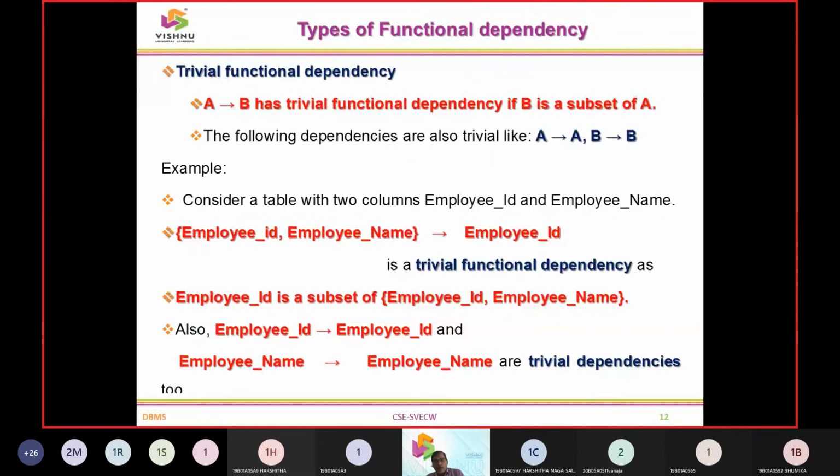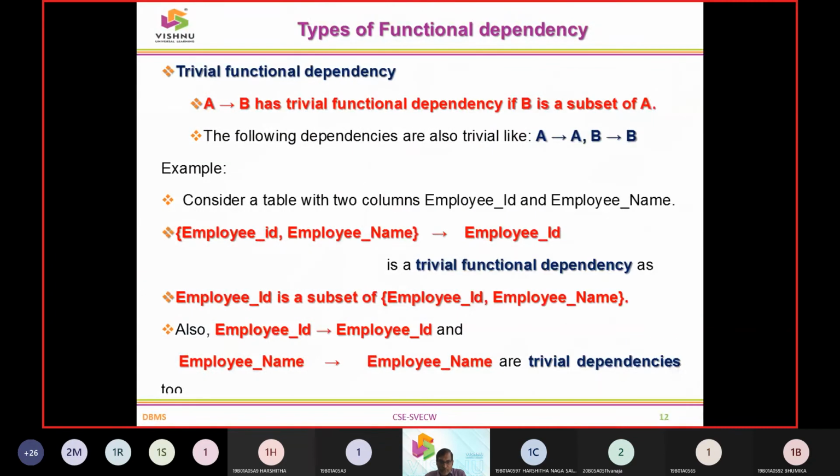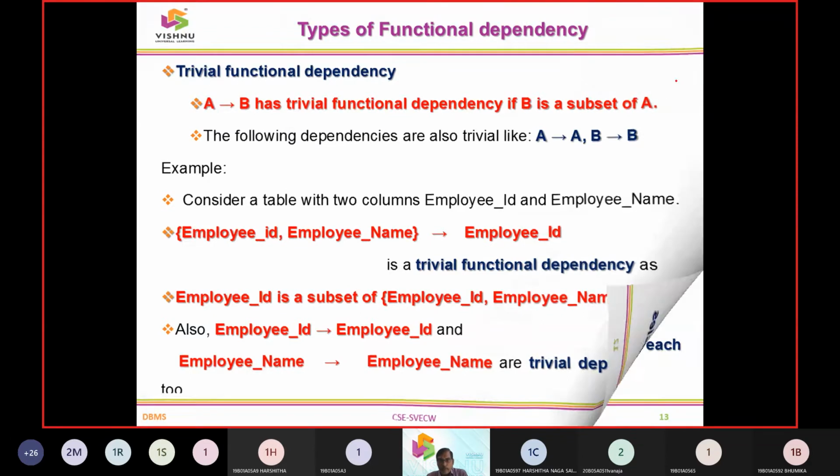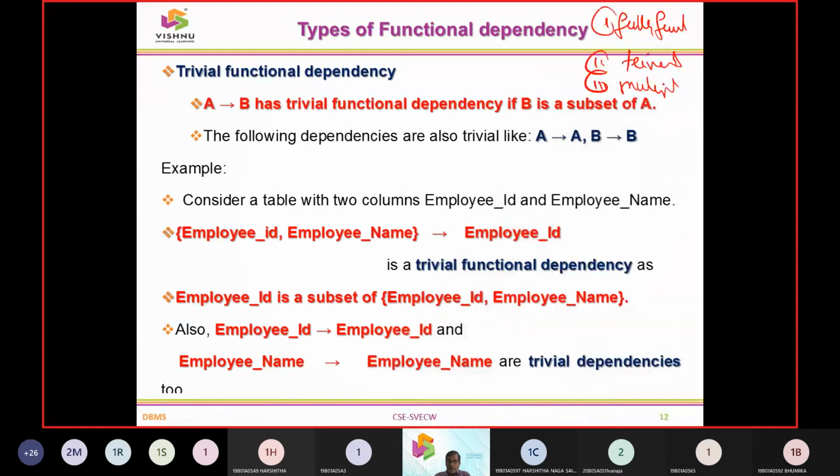Now, we talked about functional dependency. In functional dependency, we have different types. One, we call trivial dependency.